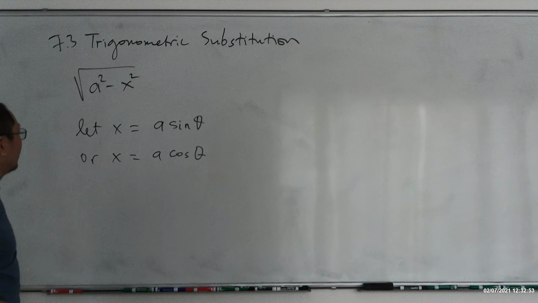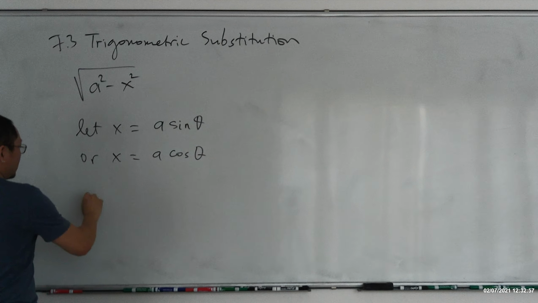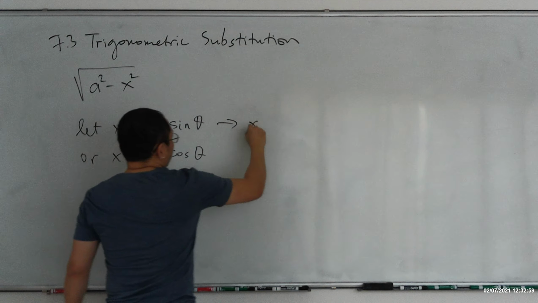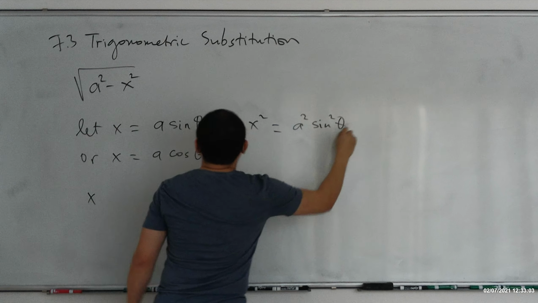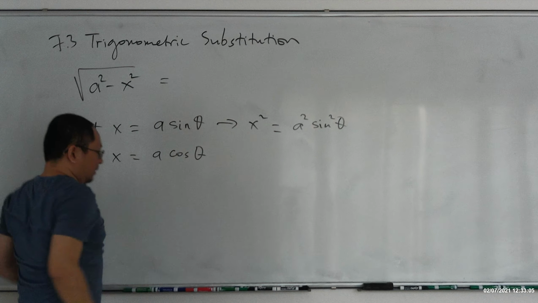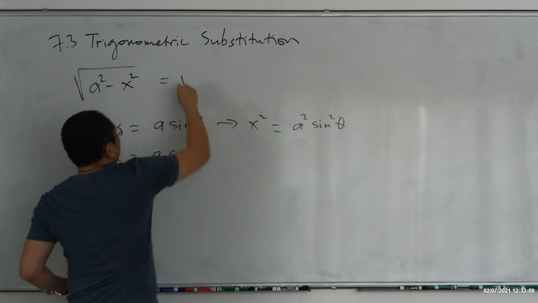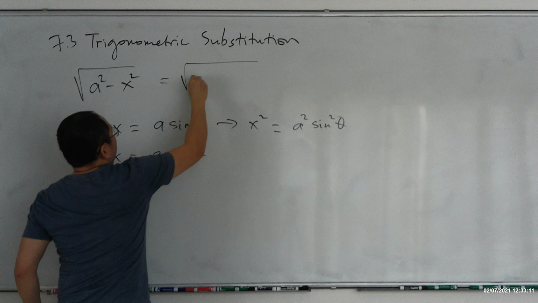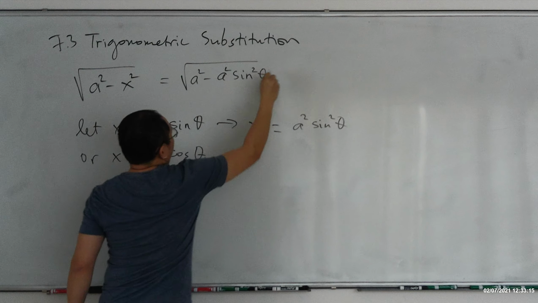Why does that work? Because if x equals, say, a sine theta, then x squared is equal to a squared sine squared theta. So this radical expression right here is rewritten as the square root of a squared minus a squared sine squared theta.